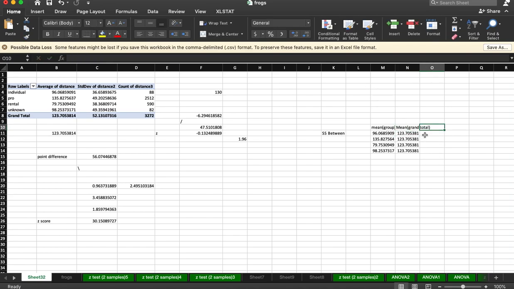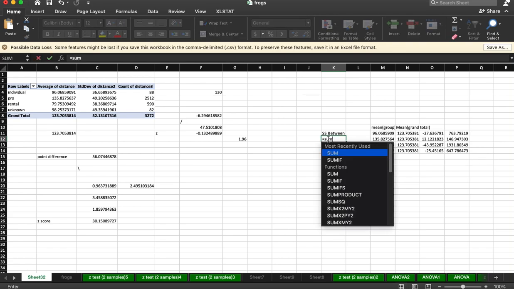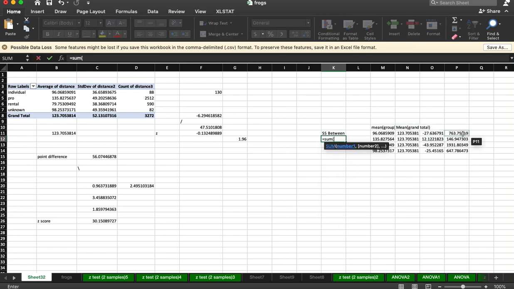So this is group minus total. There we go. And we will now square that just like we did before. Great. And so the sum of squares between is simply the sum of these numbers. All right.